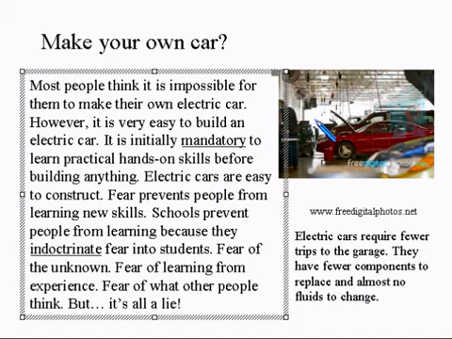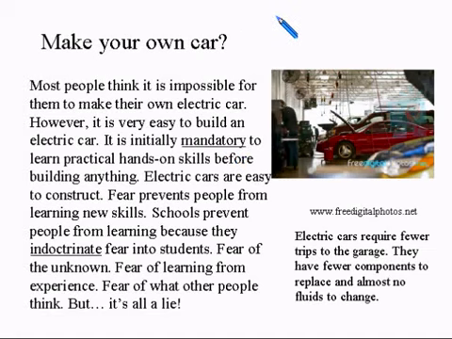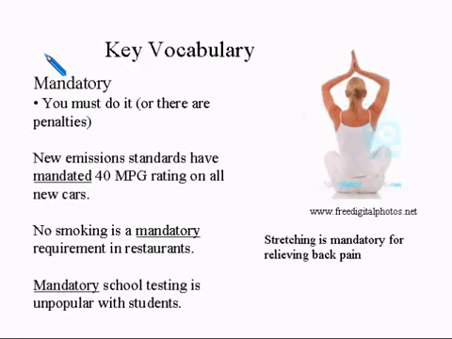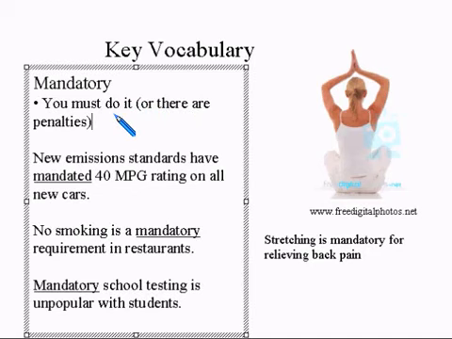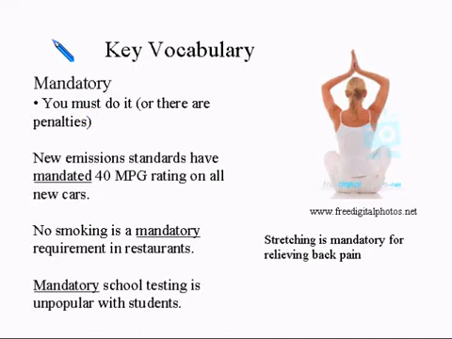But the government has all these mandatory laws that make it illegal to do stuff like that. Hate them. Okay. Look at this. Mandatory means you must do it, or there are penalties if you get caught, which most people don't. So, mandatory is technically you must do it, but in reality, most people get away with it.